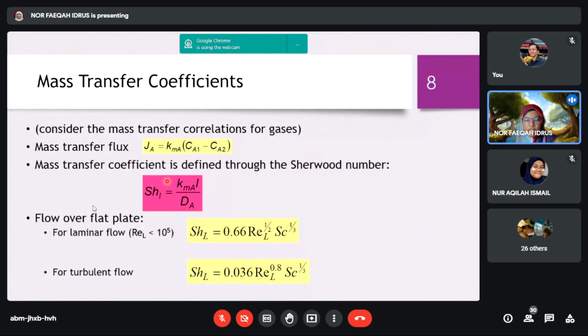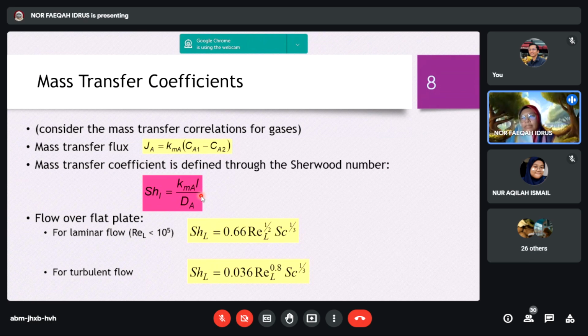So this is the Sherwood number equation. Sh, the Sherwood number, equal to mass transfer coefficient multiplied with L. What is L? It's not the length of reactor, but the length of catalyst.